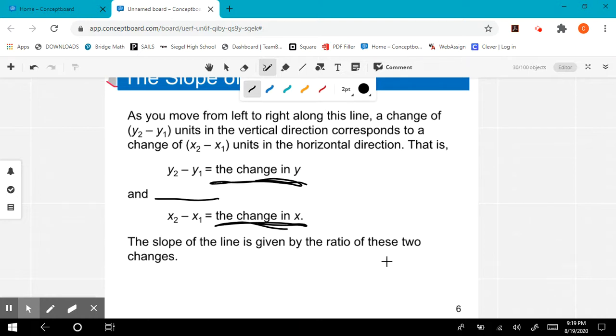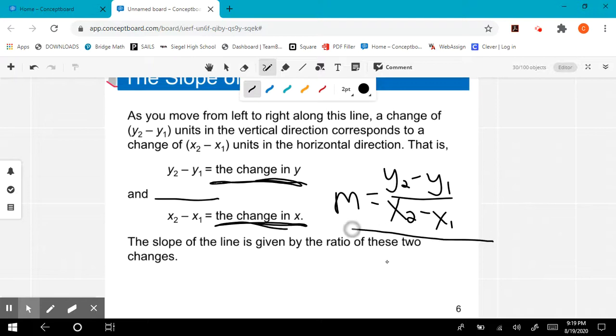So that is where we get our slope formula, which is y2 minus y1 over x2 minus x1. M is what we use to represent slope. That came from some sort of Latin word or something like that, is why they use M. But that's just traditionally now what we use in math for slope. This is the mathematical formula to find the slope.